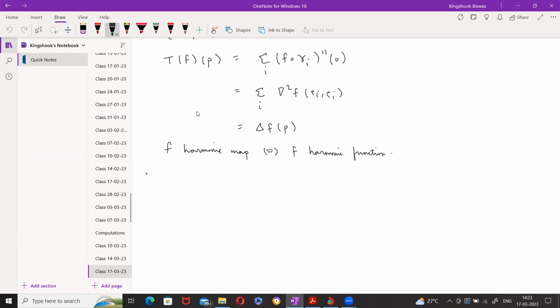It doesn't have to be harmonic, but it takes a special form when the map is harmonic. So recall the energy density e(f) is half the norm of df squared. This is the quantity you integrate to get the energy of f.